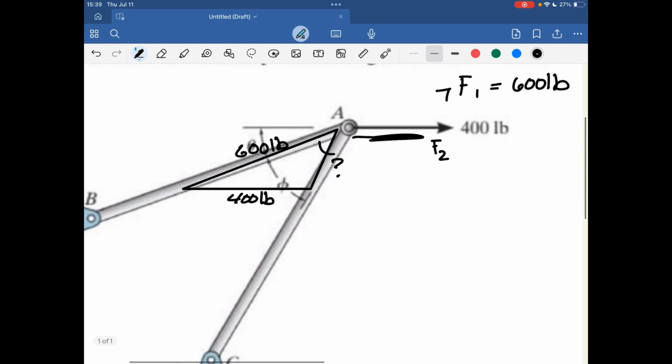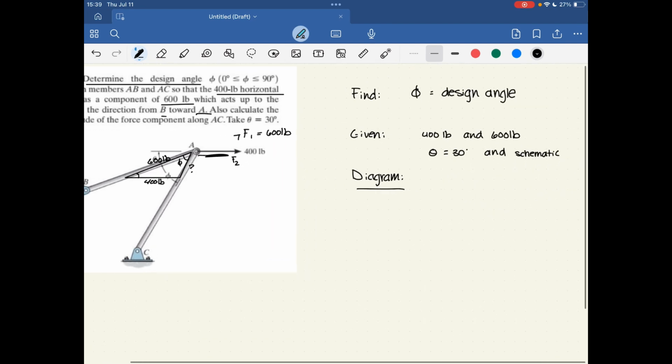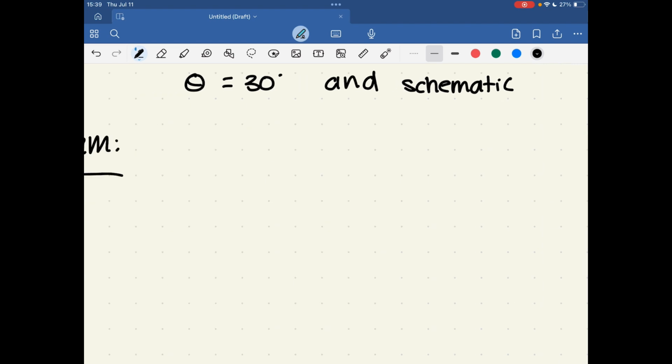Now, we know that the top angle right here is phi, right? Now, we need at least one other angle so we can use law of cosine. Cosine law states, let's say you're looking for side C, and you know side A and side B. What you do is you square A and add it to B squared.